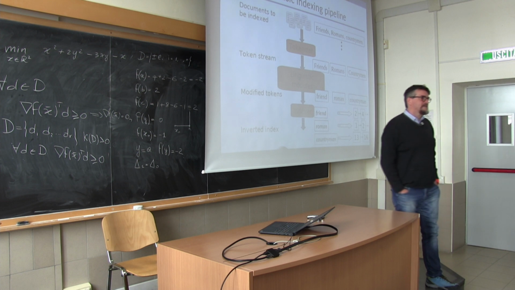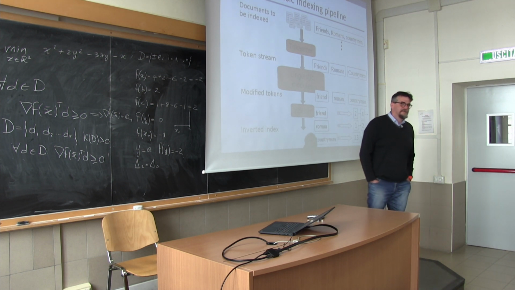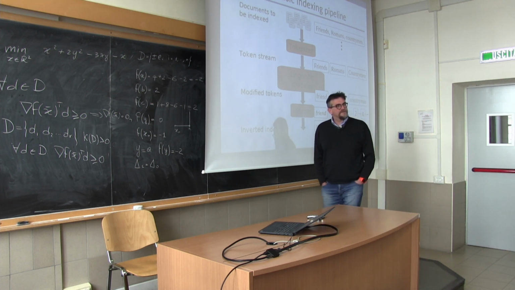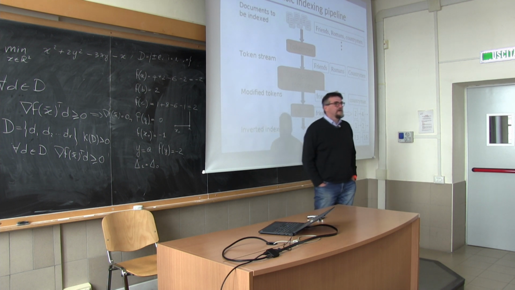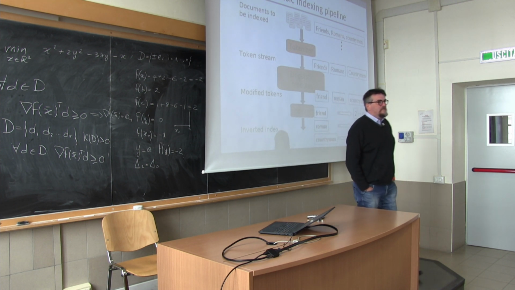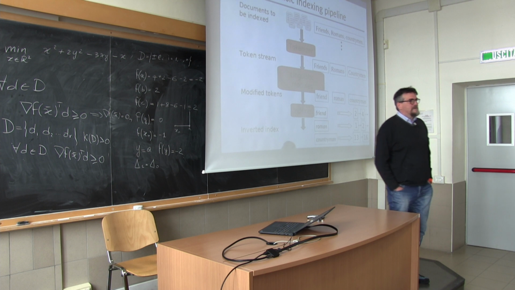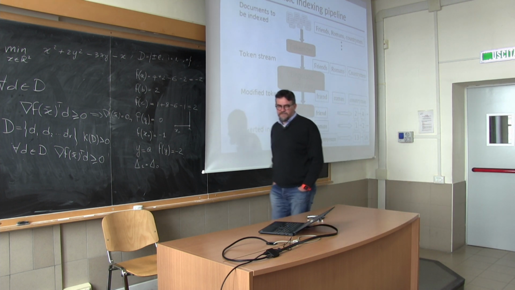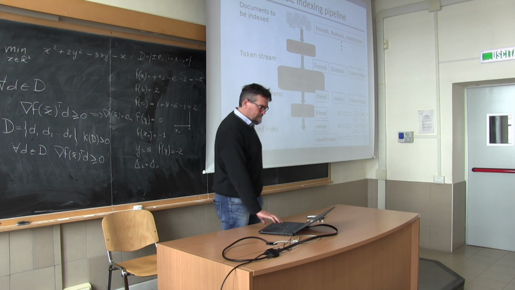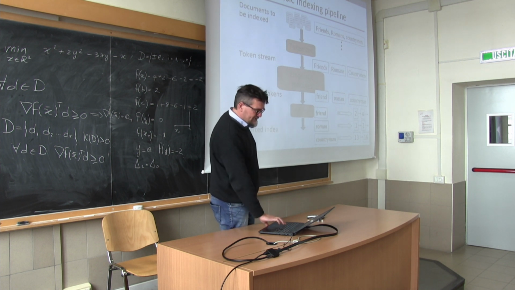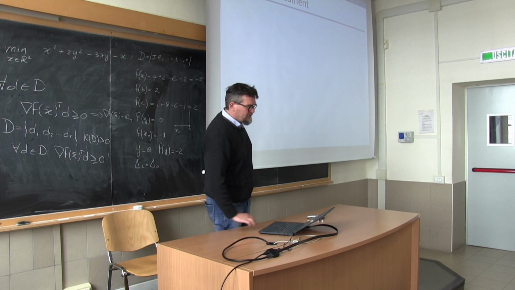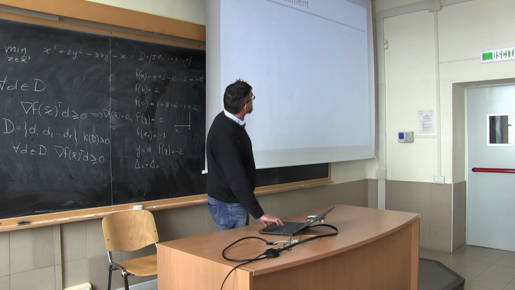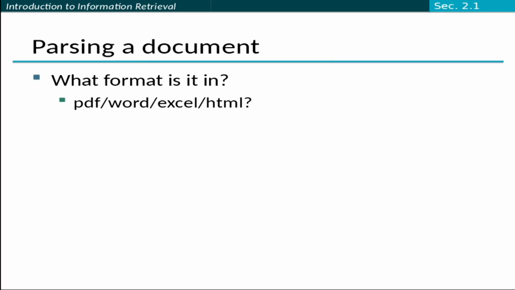It's one example, and in the next classes we will also see Lucene, which is a library which allows you to build quite complex and state-of-the-art information retrieval systems. So we have those documents in input. Now we need to answer a number of questions. First of all, what is the format of the collection of documents?